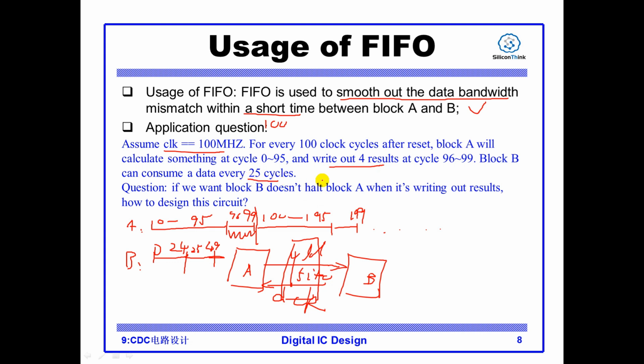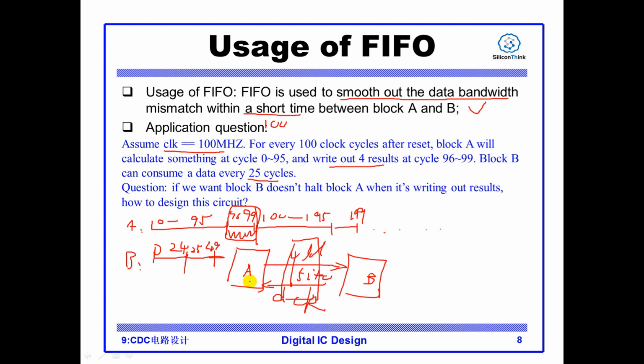So from the view of 100 cycles, the data bandwidth for block A and block B is equal. But for a very short period, such as 4 cycles, the data bandwidth for block A and block B is not equal.